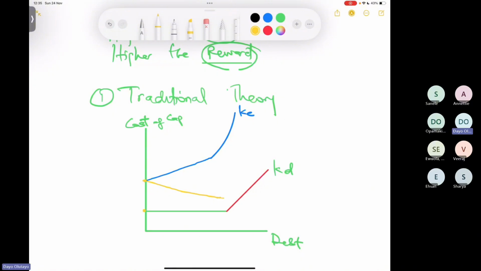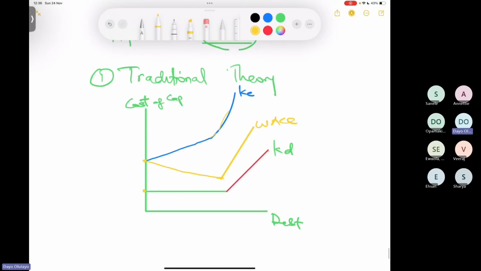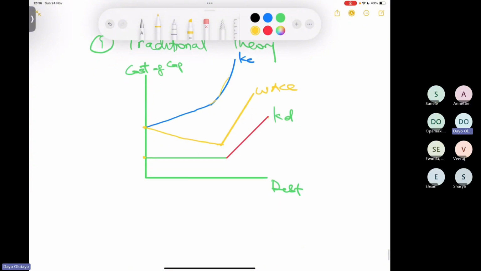However, when it gets to this point where the bank is getting uncomfortable, likewise, WACC will shoot up because you now have an increase in debt and also increase in equity. And this is your traditional theory. This is very important. You need to be able to differentiate between them; there are three theories.